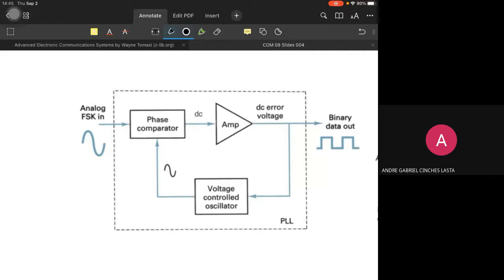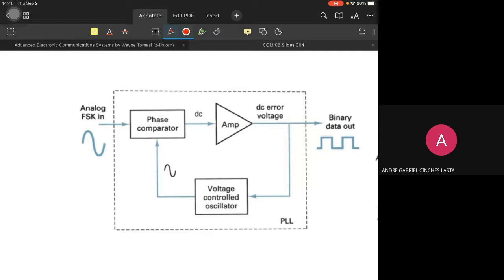So, this one is another way to perform demodulation. This is what I mentioned earlier. This is the PLL or the phase lock loop. Ang iyang output is magdepende sa phase difference between the input and a reference.